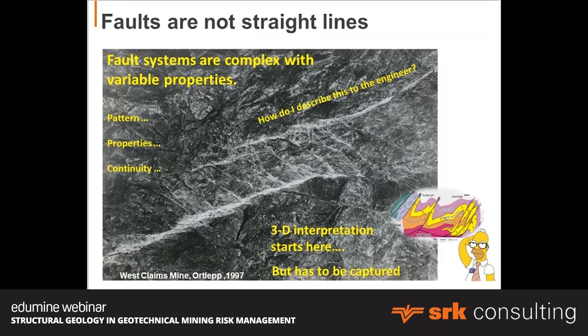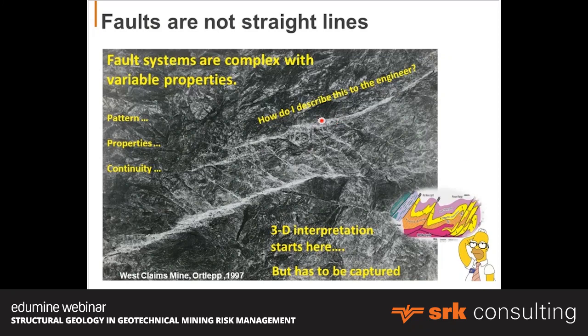How do you describe these aspects of the fault system to the engineer? The pattern could have different structures and different orientations. The properties could be variable, could be weak or strong along that fault system, and the continuity can be quite substantially different depending on which structures you're talking about.